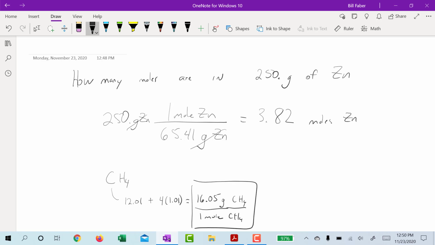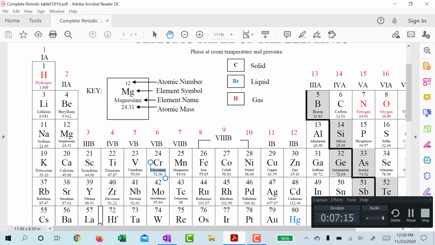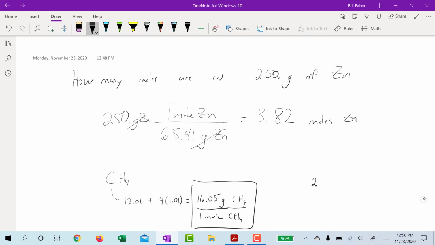Sometimes people will write things like, let's get one off the periodic table. Let's say we had something like potassium, okay? So potassium is 39.10, and sometimes people write grams per mole in an order like that.